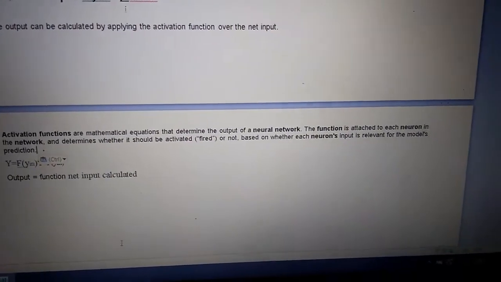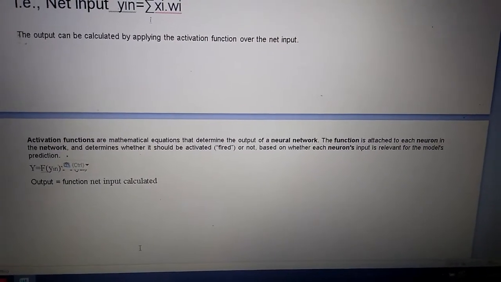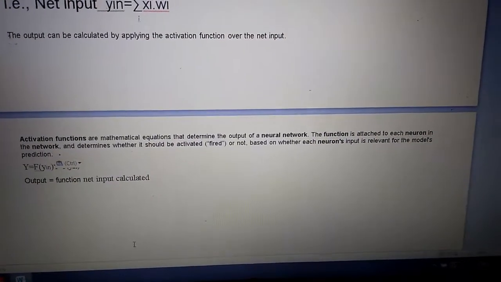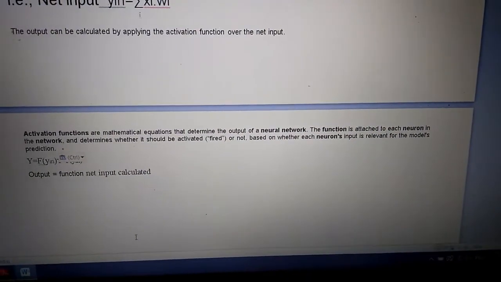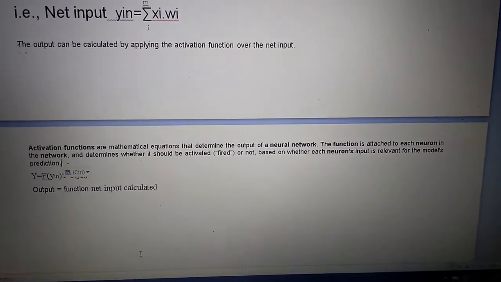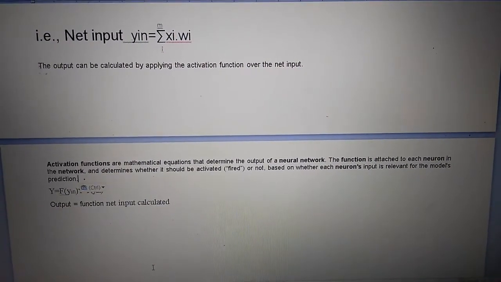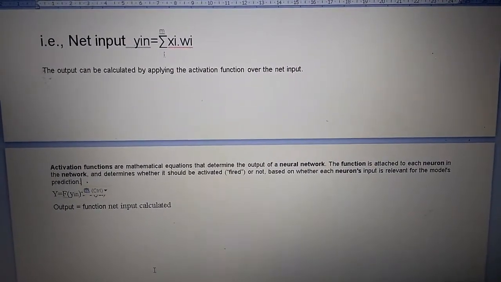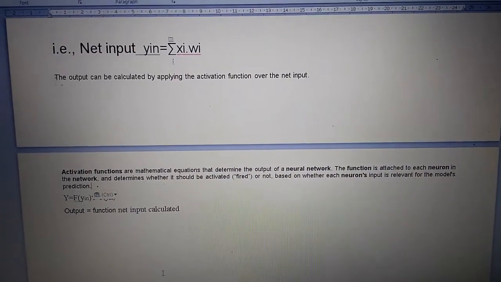The function is attached to each neuron in the network and determines whether it should be activated or not, based on whether each neuron's input is relevant to the model's prediction. It means if your problem is to calculate the addition of 10 numbers, and suppose you have one node which is for subtraction, you cannot include that node while calculating the addition of the numbers.